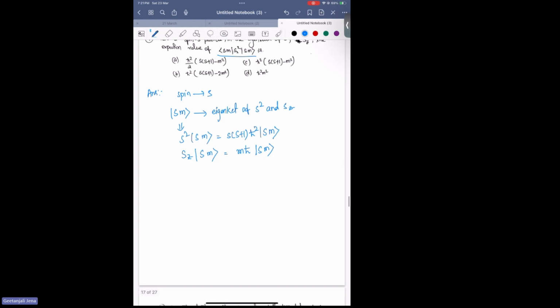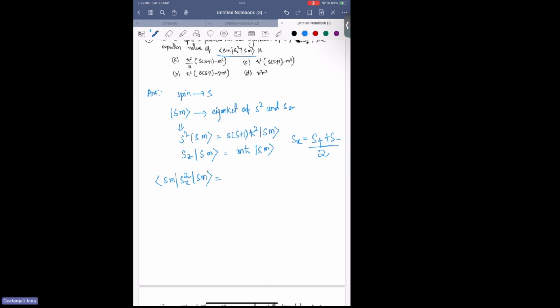Now to calculate the expectation of the square of the x component of spin. So Sx is not an eigenket of S and M, right? So what you have to do is use the raising and lowering operator expression. So Sx is given by S plus plus S minus divided by 2.